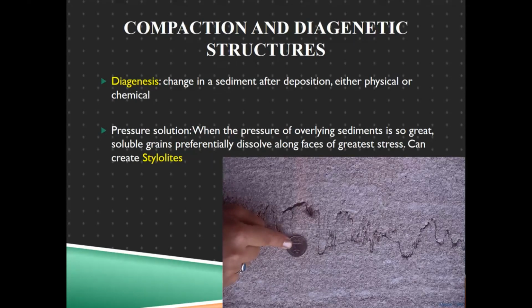The extreme pressure of the overlying sediment causes some of the grains to dissolve and not others along the greatest stress surface, which is not a nice straight line. It's this weird shaped line, and it results in stylolites.